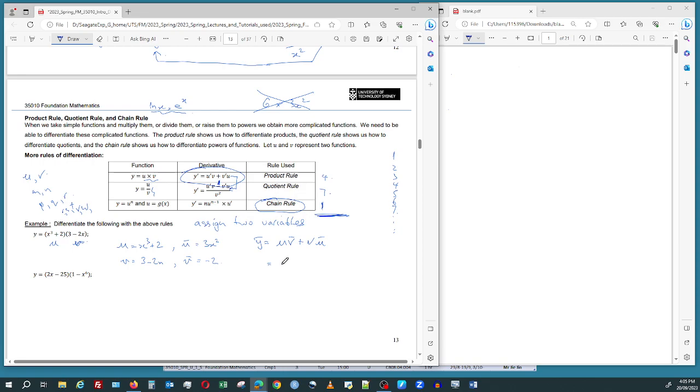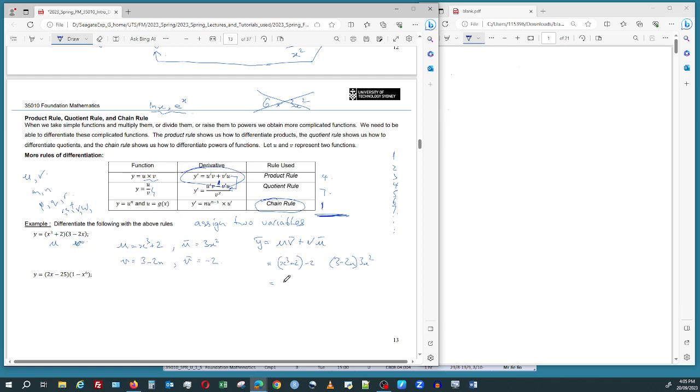All right, so let's put it together. u is x cubed plus 2, and v dash is minus 2. v is 3 minus 2x, and u dash is 3x squared. So this is going to make a minus.